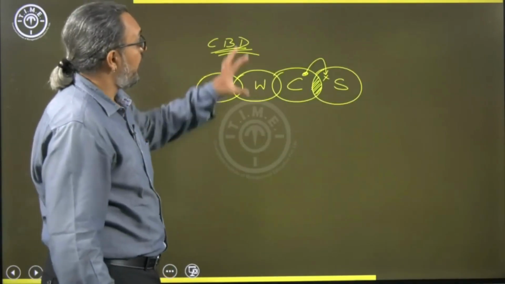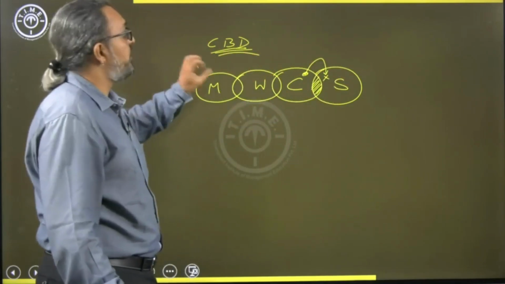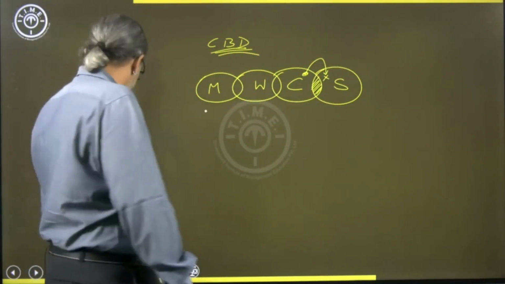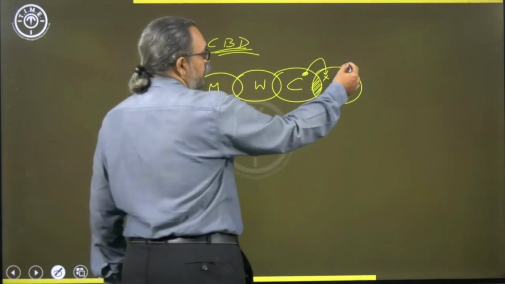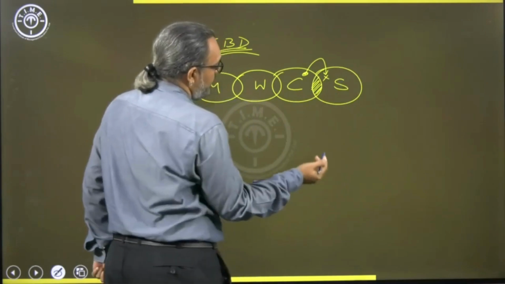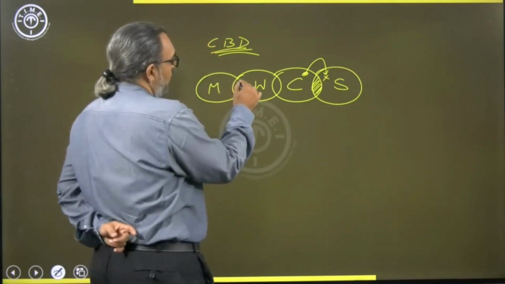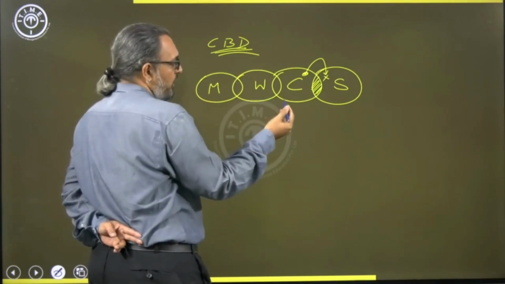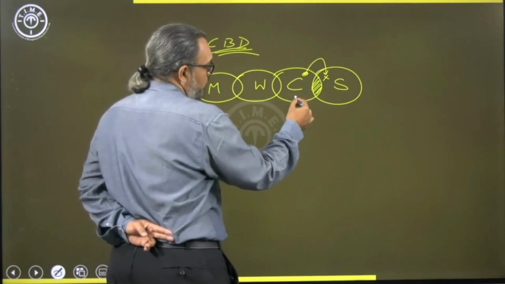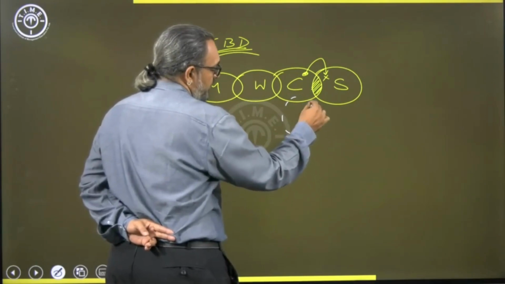Now we need to check, can I take all the salt and put it inside mouse? That means you can imagine like this. So I need mouse and white should be overlapping compulsorily. Okay. So what I can do is I am going to take the white circle like this here.